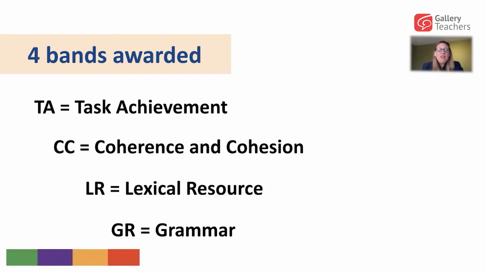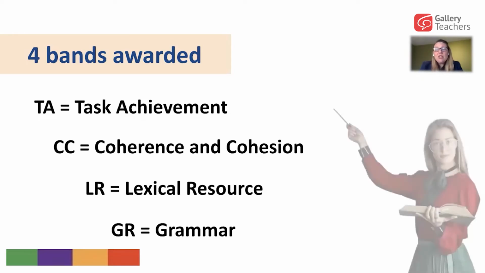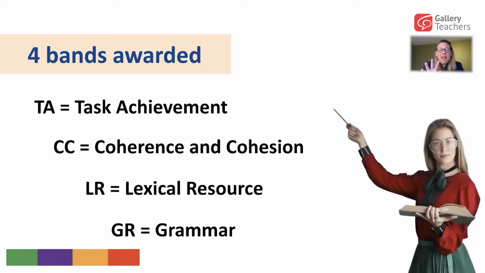If you are already familiar with the IELTS writing paper, you will see at the bottom of the official writing paper 4 little magic boxes: TA, CC, LR, and GR. That is where the examiner will be awarding a band between 1 and 9 in each of these areas.